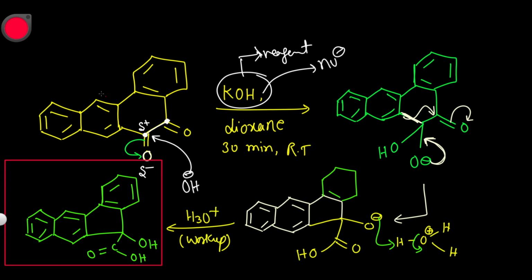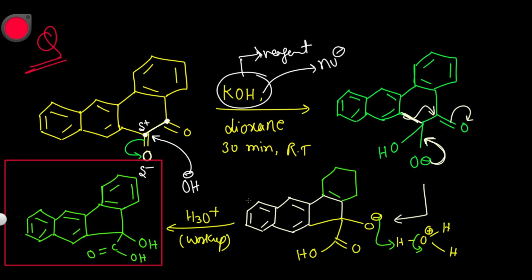So this is a very important, very conceptual question of this session. Might be some people get afraid by seeing this substrate. Oh my god, this is a very large molecule, with a 3-member, 4-member ring, what do I do, I don't study organic. No, you don't have to worry about that. You just have to apply the mechanism concept.